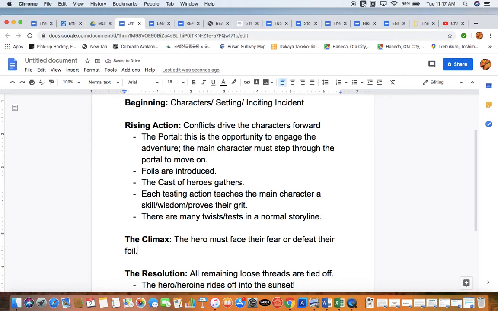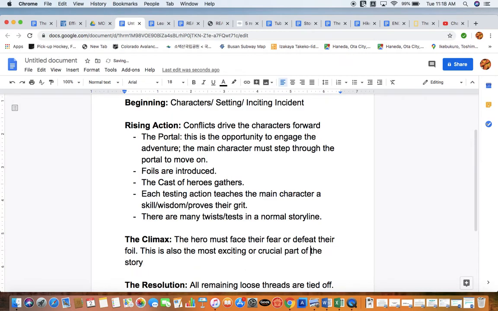Once you reach the top, this is called the climax. This is where the hero must face their fear or defeat their ultimate foil. This is it, and this is also the most exciting or crucial moment of the story.